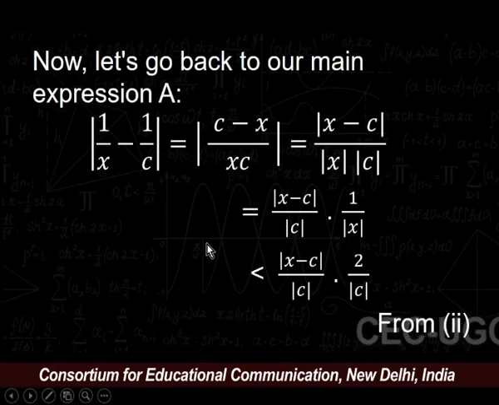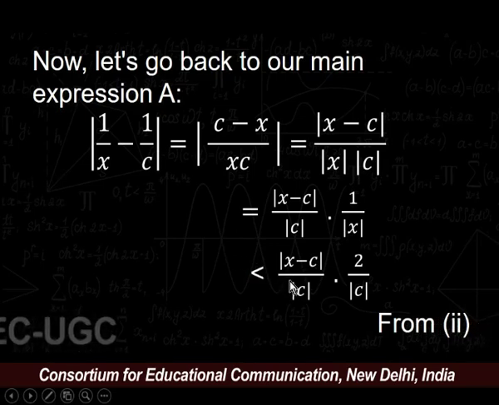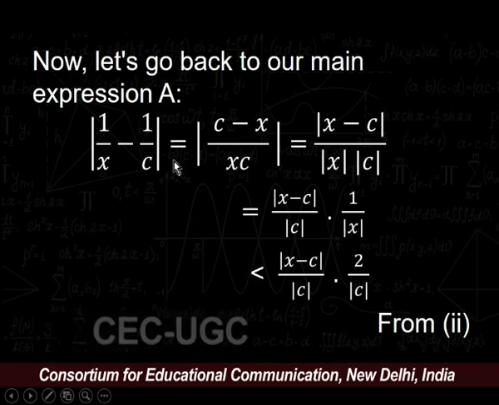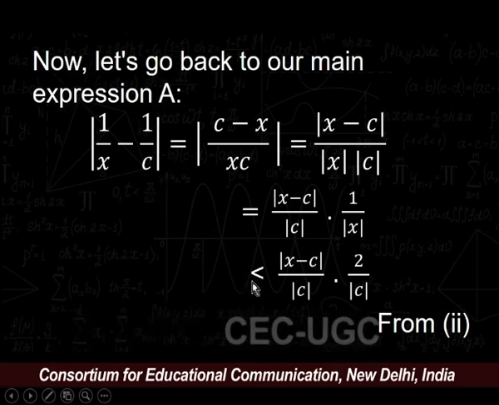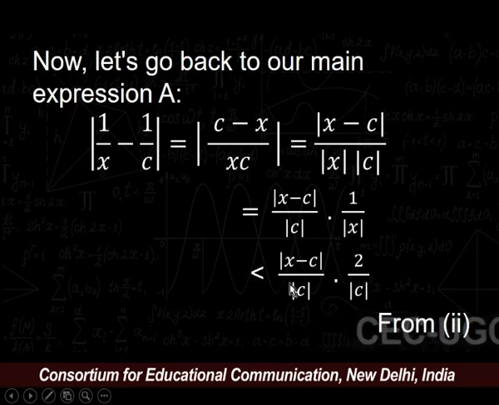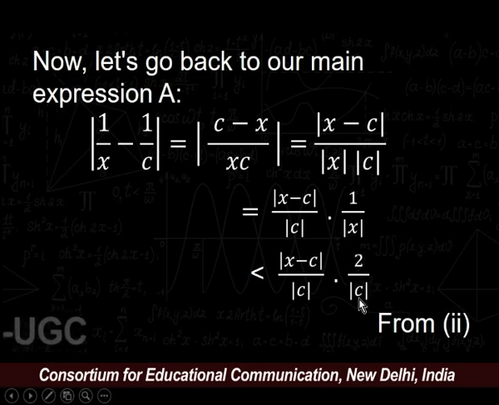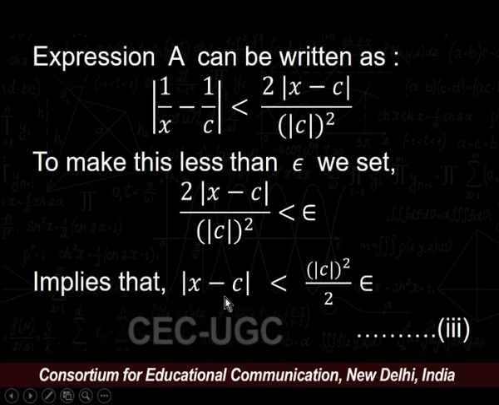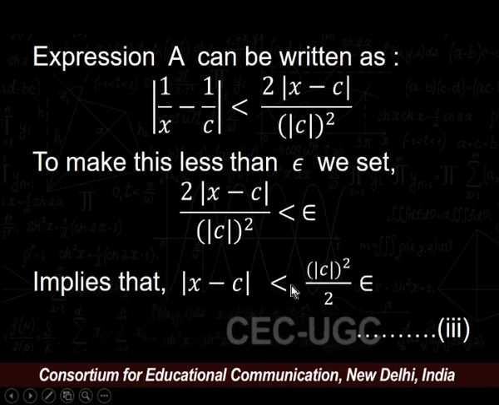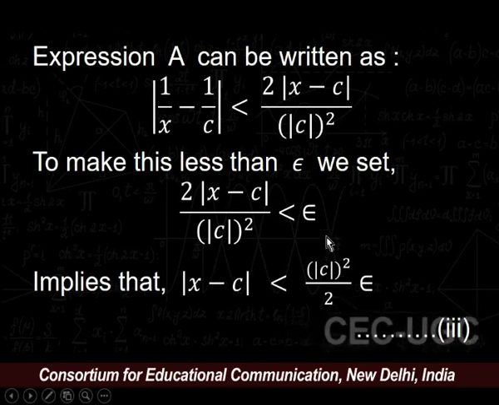Our equation number 2 is: modulus of x minus c, our main expression, is strictly less than modulus of x minus c upon modulus of c into 2 upon modulus of c, and our equation number 3 is: modulus of x minus c is strictly less than modulus of c square upon 2 into epsilon.